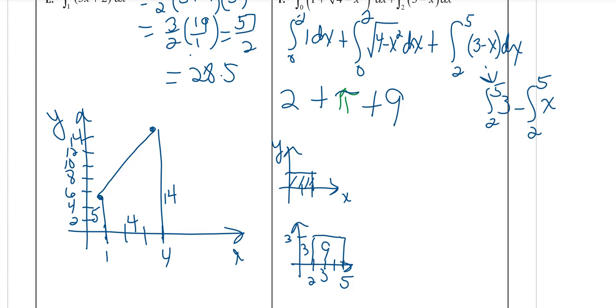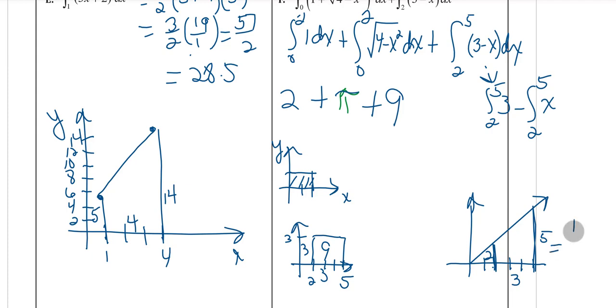And then I'm going to subtract from that this shape, which is going to just be x here. But I'm only going from 2 to 5, and since this is the identity function, this will have a height of 2, 5, and it's going to have a width of 3.